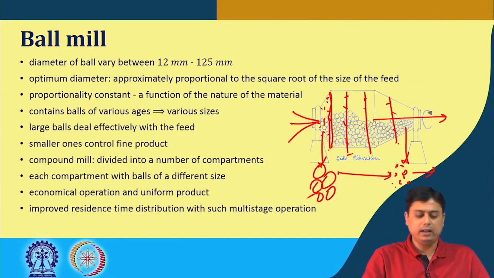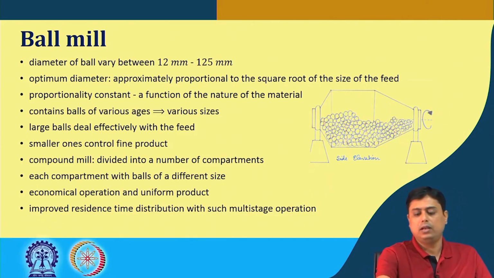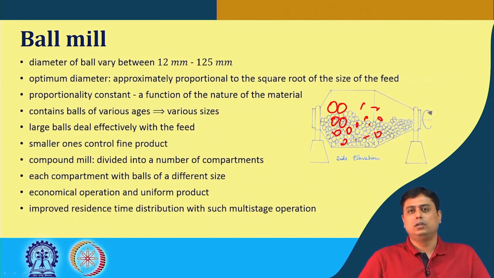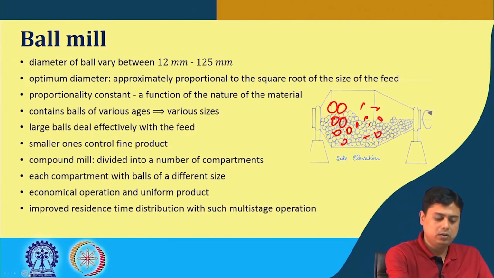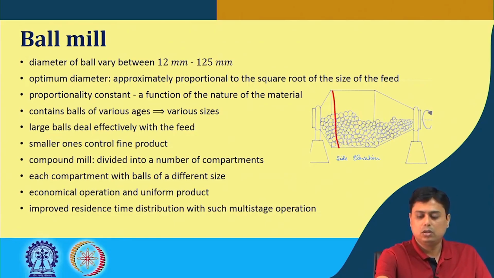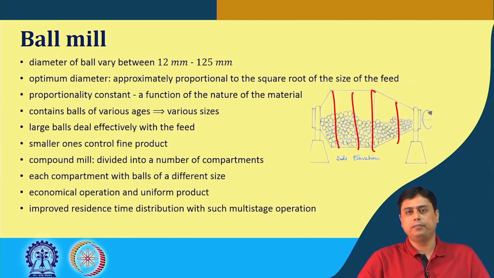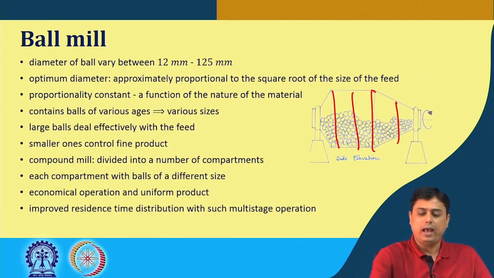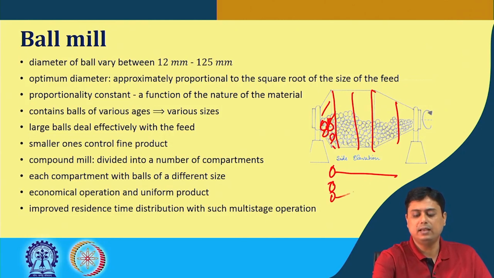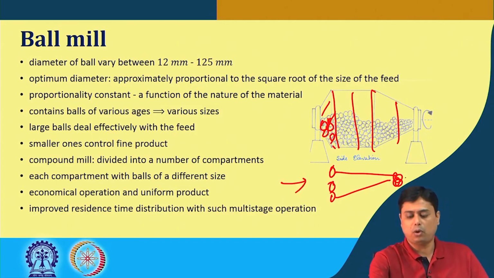One is that you take a single compartment and use different sizes of balls in that, or the other scenario is that you make different compartments in the ball mill by vertical screens, and in each compartment we use uniform size balls that go from bigger size to smaller ones from the feed to the product direction.